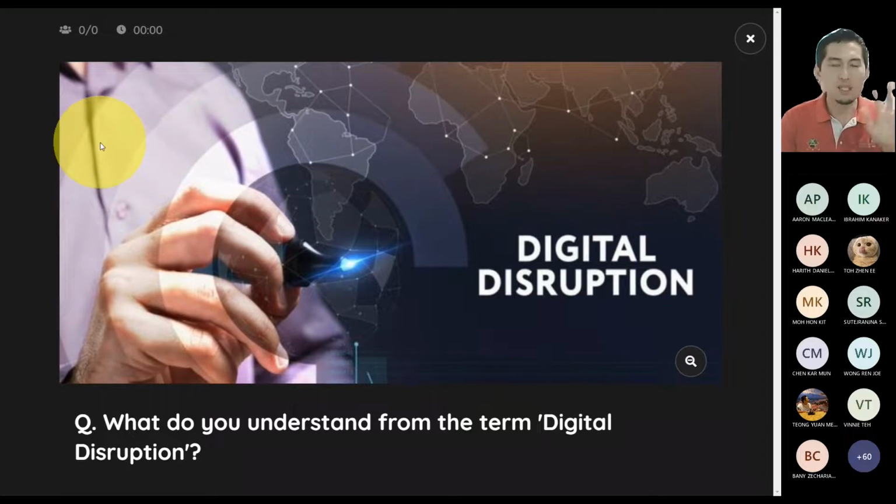This will then move towards the different types of technology that we're going to look at today. But first things first, I want you to see this and try answering. Don't worry, there is no right or wrong answer here. Sorry, there is a right answer, but of course, all answers are welcome. What do you understand by looking at this term, digital disruption?